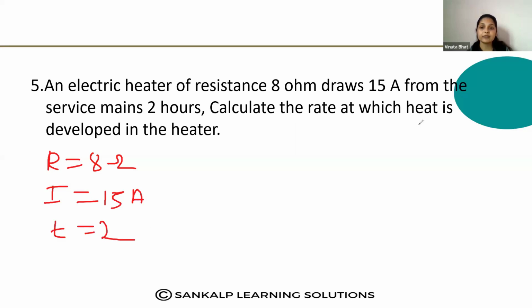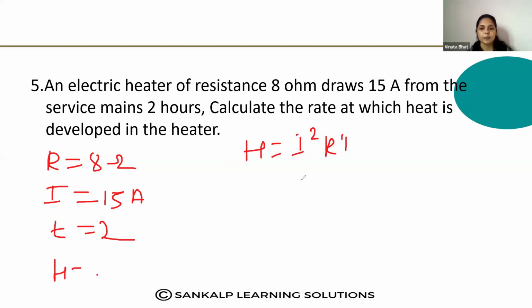Calculate the rate at which heat is developed in the heater. Okay. So here R is equal to 8 ohm, and I, the current, is 15 ampere, and time is equal to 2 hours. Which formula do you have to use? H you have to find out. Please use the formula H is equal to I square RT.